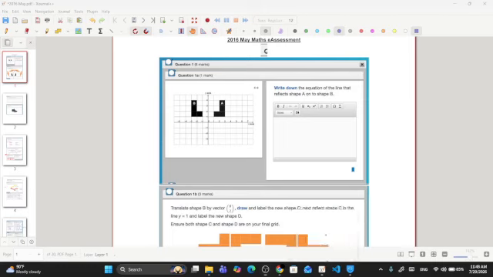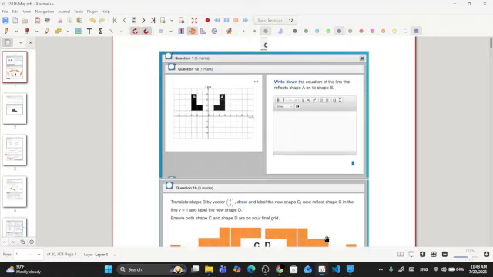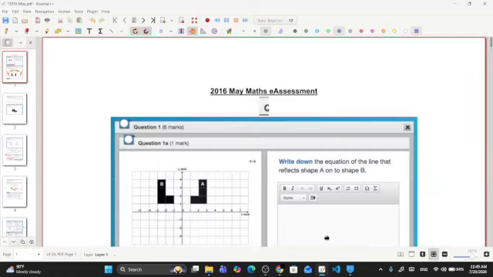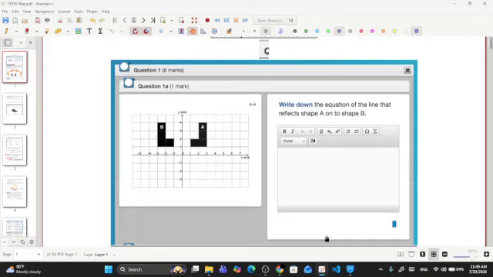Okay, so only question number 1 was left. Let's solve it now. This is basically one part. A says, write down the equation of the line that reflects shape A onto shape B. Looking at this, these two are the shapes, and this is the line that's reflecting them.